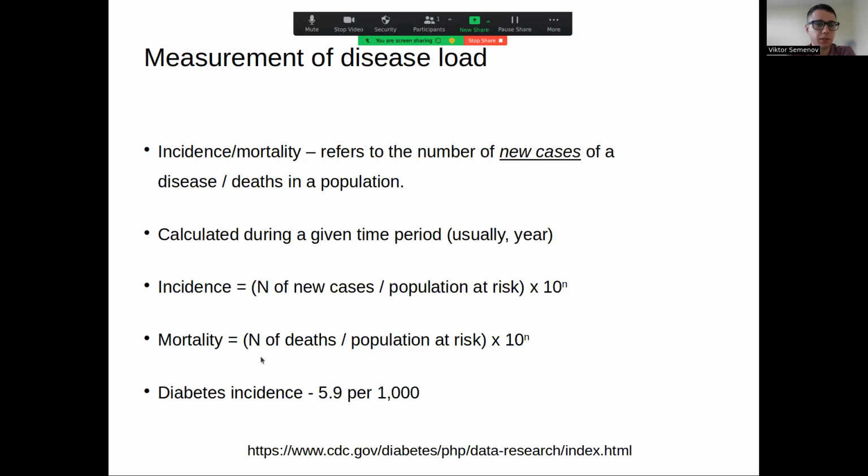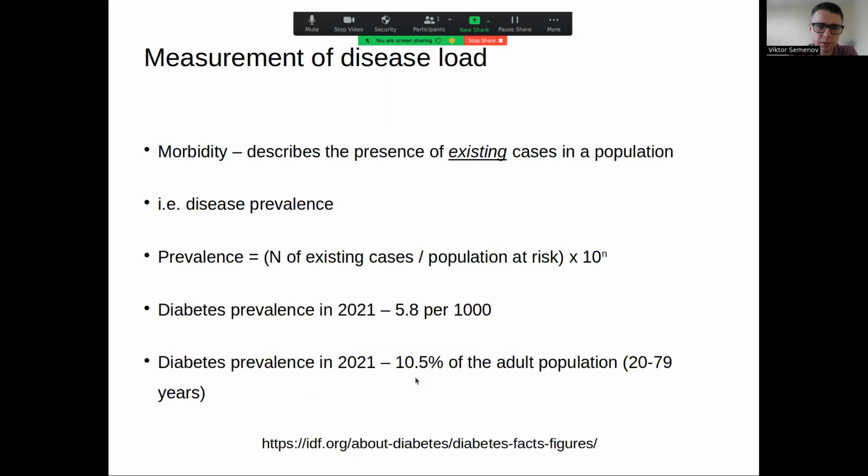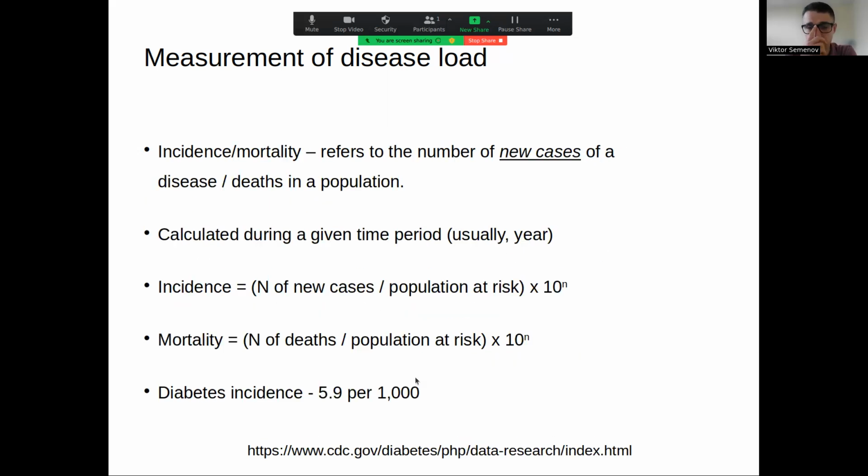Mortality is pretty much the same, but it takes the number of deaths divided by the population at risk and multiplied by some coefficient. For example, if we're speaking about diabetes incidence, it gives us 5.9 per 1,000 population. I guess it's only the data from 2021. I guess there might be some kind of error. Yes, I will need to check it out.